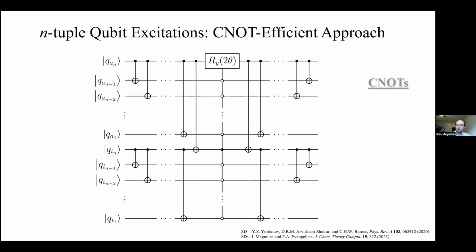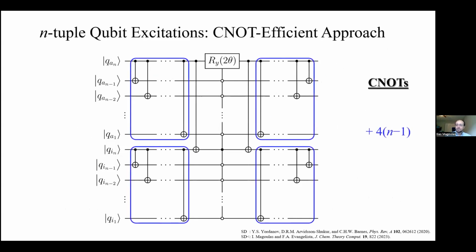So now in terms of number of CNOTs, for this circuit, we will need 4 times n minus 1 CNOTs for these constructions here shown in blue. We need to add 2 more CNOTs for these guys. And then the question is, how many CNOTs will we need when we decompose this multiply controlled RY gate into single qubit gates and CNOTs?